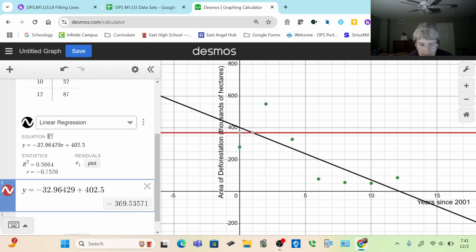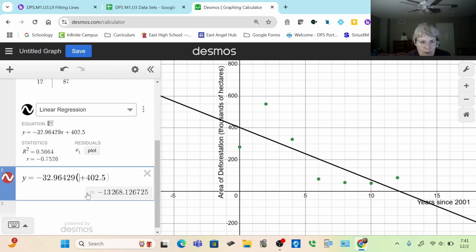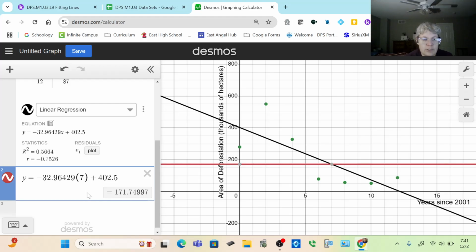So I'm going to replace x with 7, because 2008 is 7 years after, and if I take a look, when x is 7, I have that value.